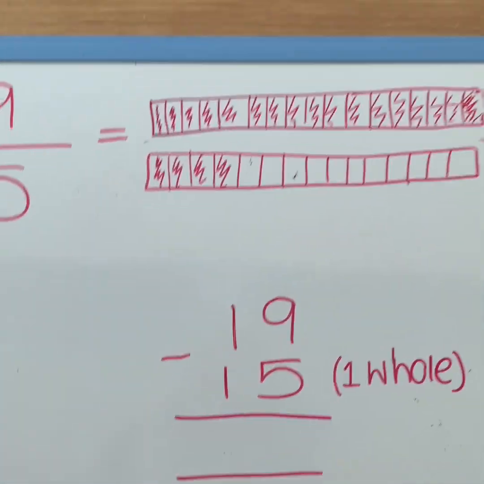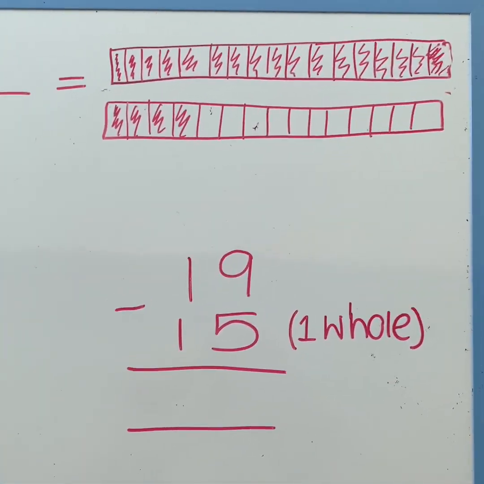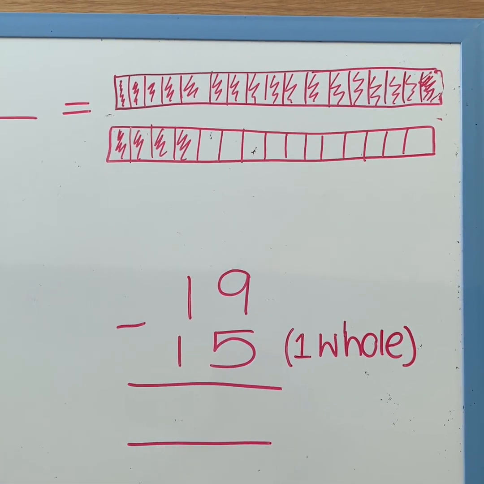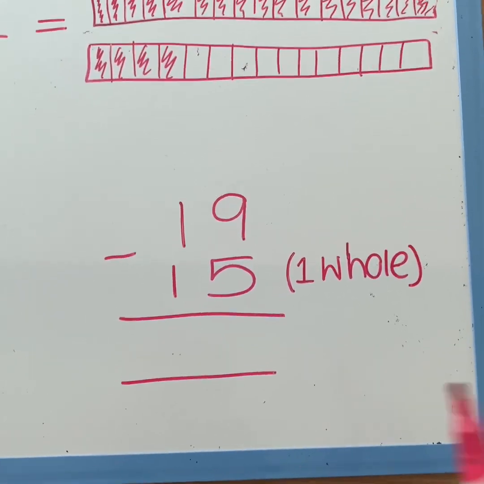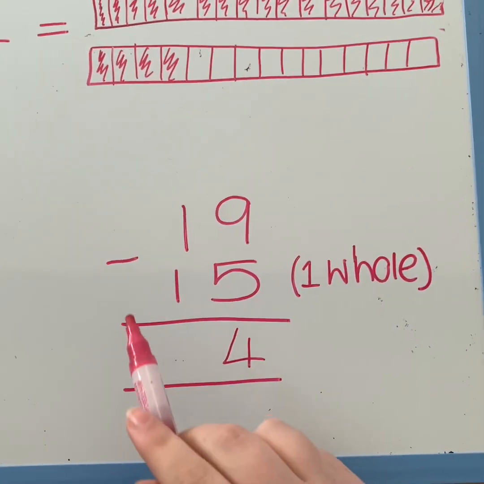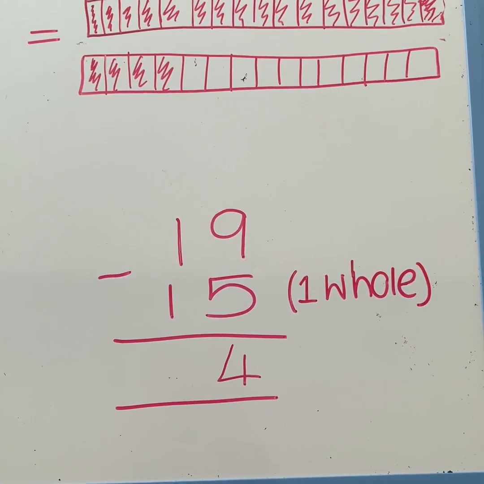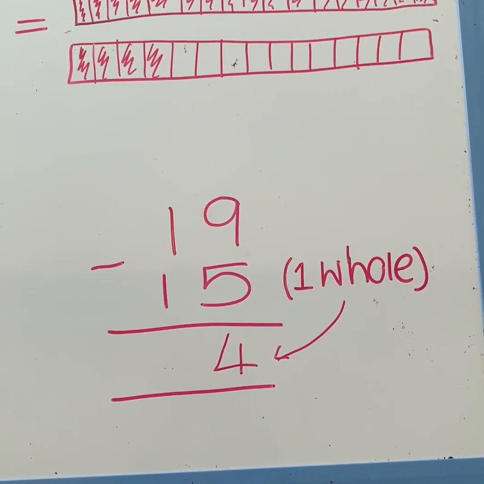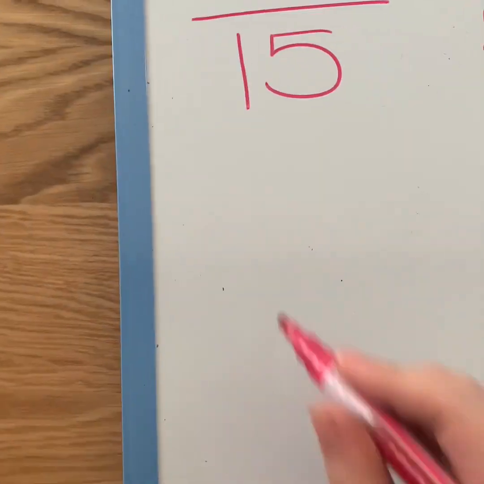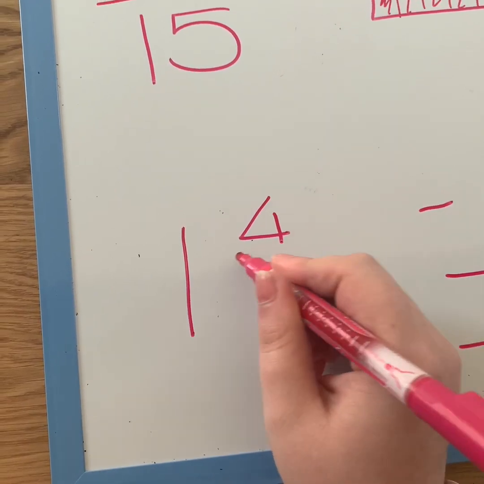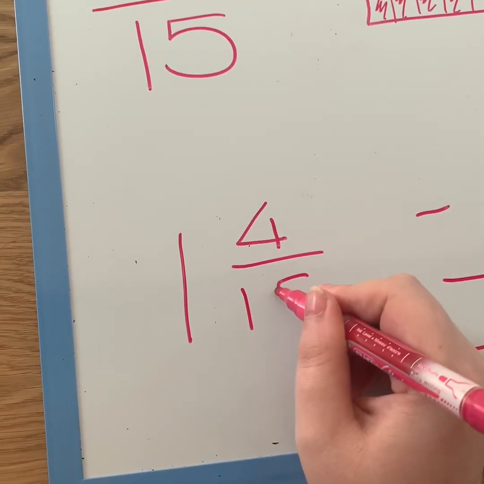We can also do this quickly by subtracting 1 whole, which is 15, away from 19. So if we did that, we've got 9 take away 5 equals 4, and 1 take away 1 is 0, which gives us 1 whole and 4 left over. This would be written as 1 whole and 4/15.